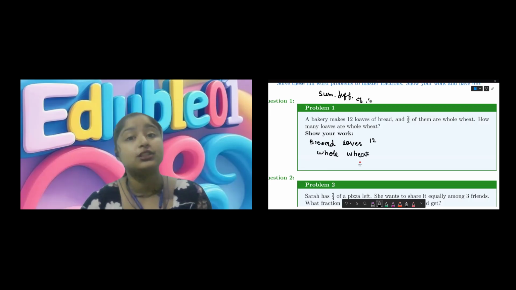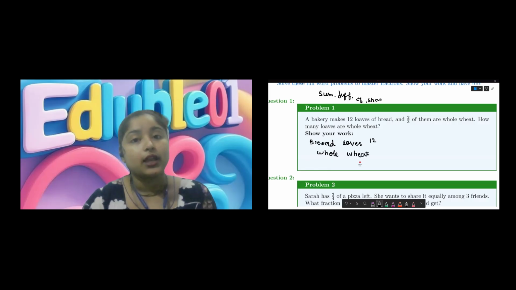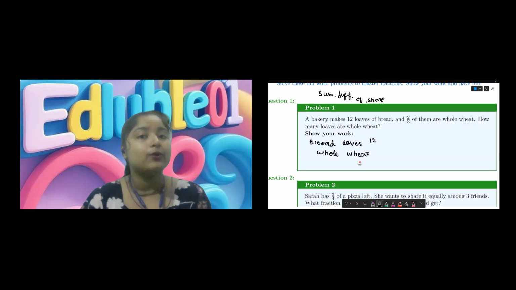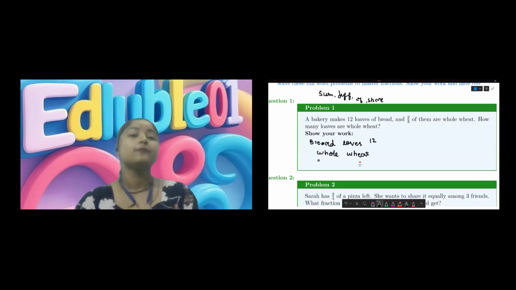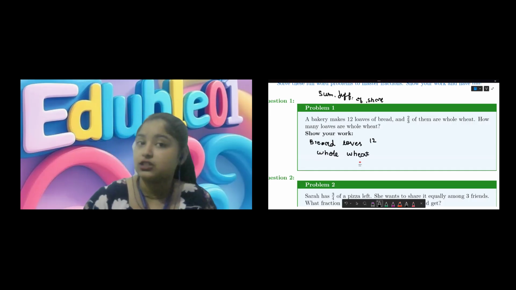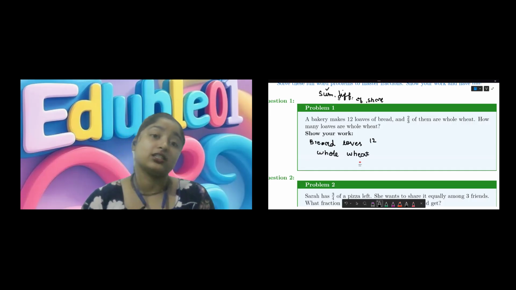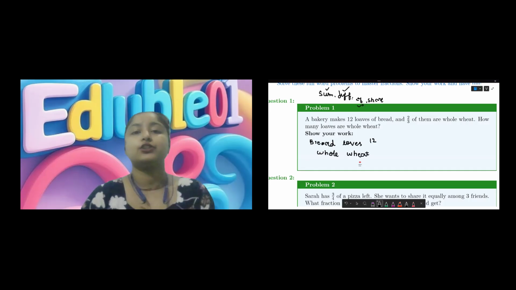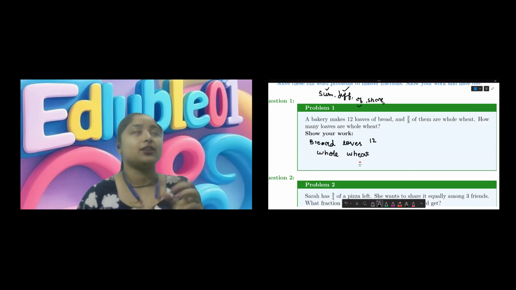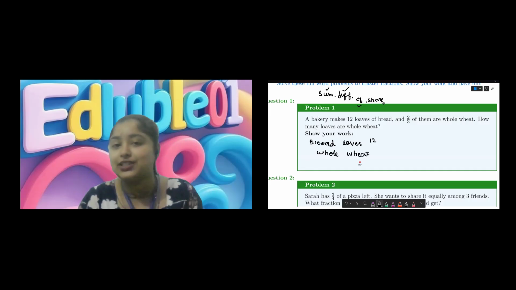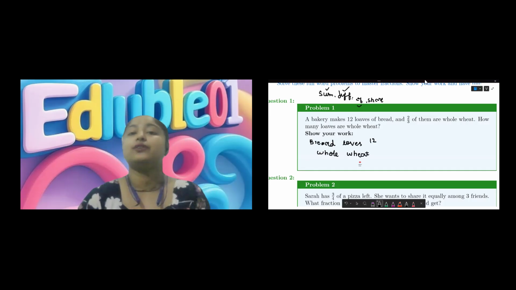For sum, it's mostly plus. In a multi-step word problem, this can be different, but generally, sum is addition. The difference is subtraction, of is multiplication, and share, that means equal share, is obviously division.